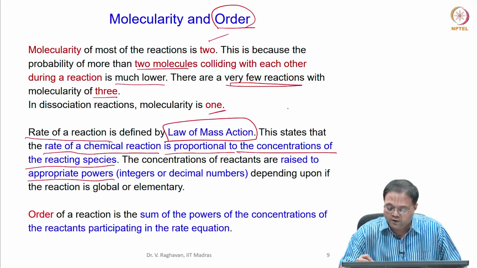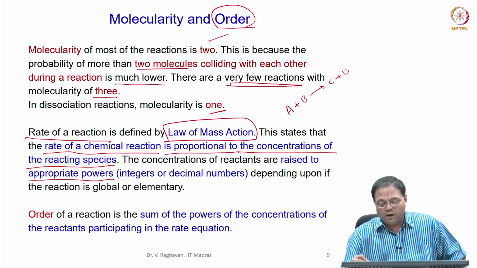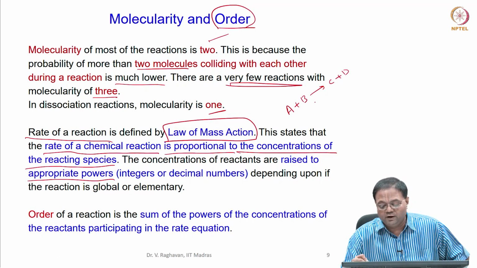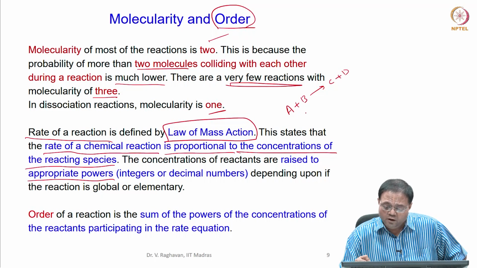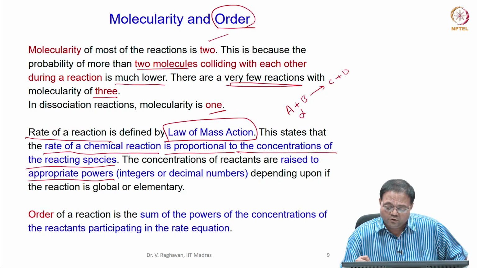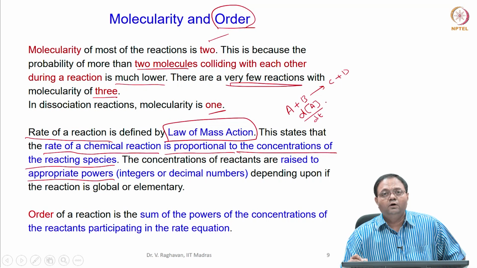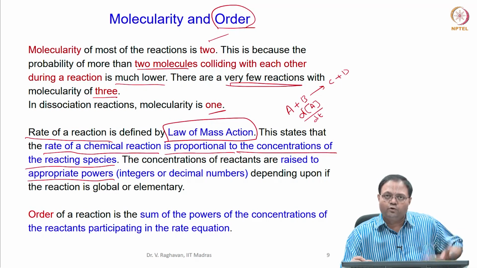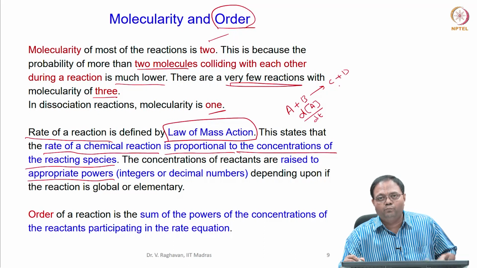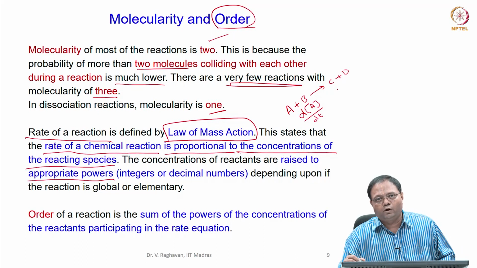So, for example, if A plus B gives C plus D, I am considering the forward reaction in this elementary reaction, then the rate of the reaction is nothing but the rate at which the concentration of a reactant reduces with time. As the reactant concentration reduces, the product is formed, so the concentration of product increases.